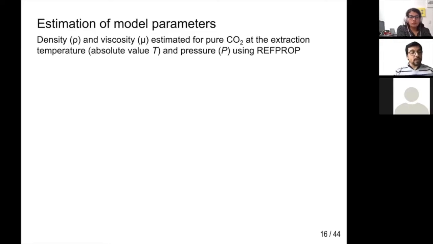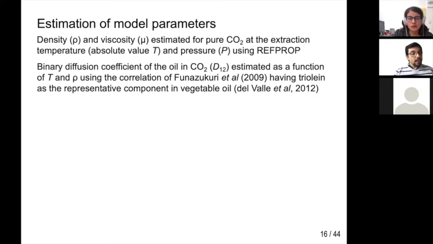Model parameters were estimated or calculated from information available in databases or in literature correlations. The density and viscosity were calculated for pure CO2 using the REFPROP program at process conditions. The binary diffusion coefficient of the oil in CO2 was estimated using the correlation of Funazukuri and coworkers as a function of system temperature and CO2 density, using triolein as a representative component in vegetable oils.